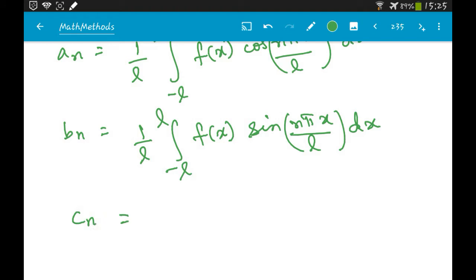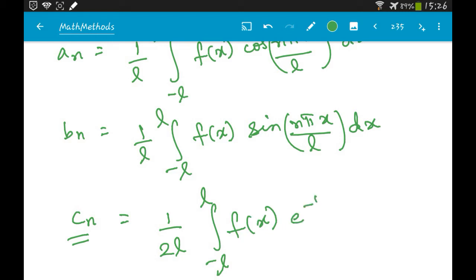And for the exponential Fourier series you would need Cn. So Cn is 1 by 2L integration from minus L to L f of x e power minus i n pi x by L dx.